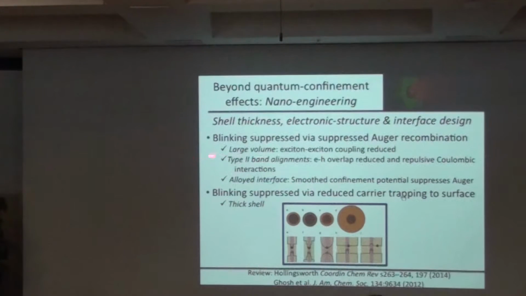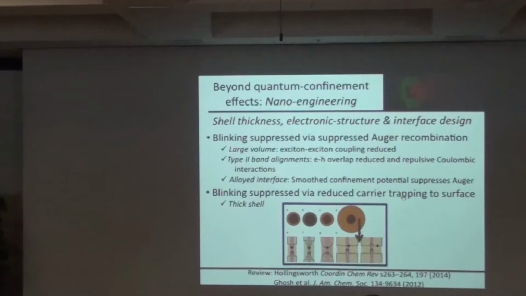We already know from prior experience that large volumes reduce exciton-exciton coupling. That impacts Auger. Type 2 band alignments, and so if you have reduced electron hole overlap in your core shell nanostructure, as shown here in these two right examples, the carriers are separated in space. One is in the shell, and one is in the core. Then you reduce repulsive coulombic interactions, and also help to suppress Auger.